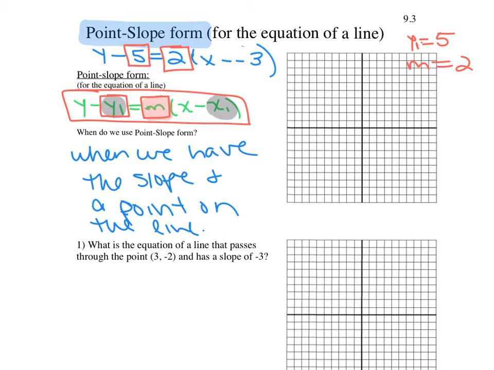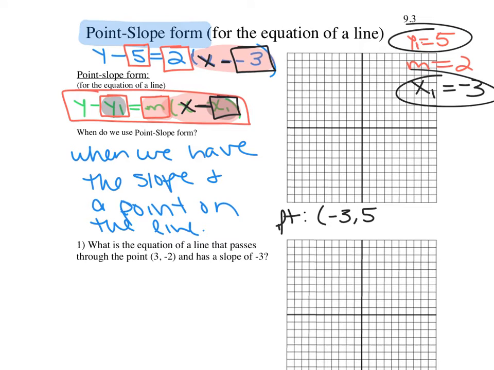So now that this is in the same form as x minus x1, my x1 is this negative 3. So x1 is negative 3. So there we go. I have my point. So my point is negative 3, because that's my x1, comma 5, because that's my y1. And my slope is 2.